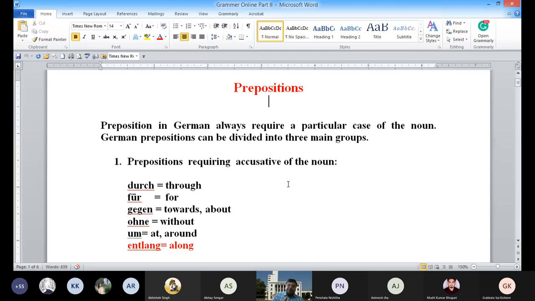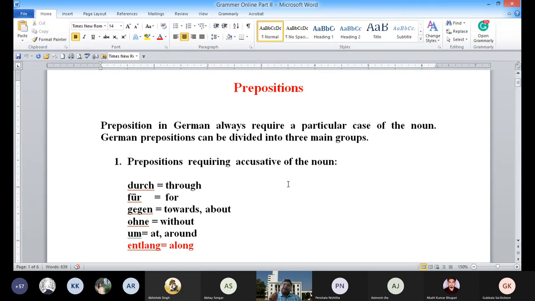It means that after the prepositions, whatever noun you use after these group one prepositions, durch, für, etc., which I am going to explain, these prepositions will always require an accusative object. That means the articles you use before nouns will be from the accusative group.